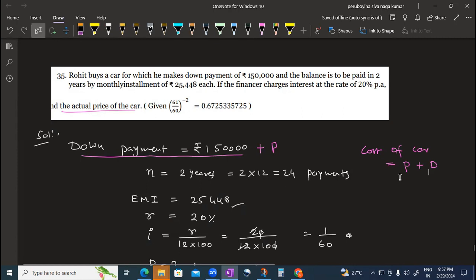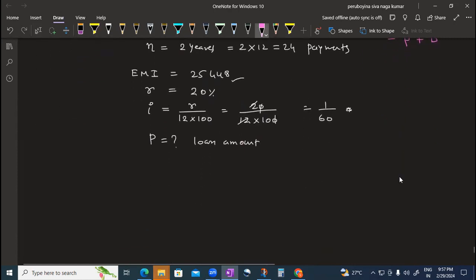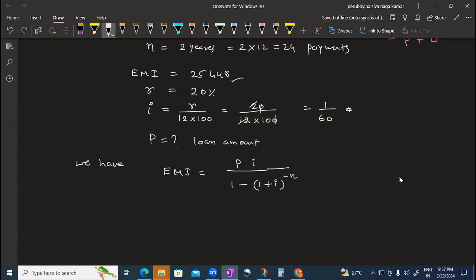Now we are going to calculate the P value, the loan amount. We have the formula: EMI is equal to P into I divided by 1 minus (1 plus I) whole power minus N. We have two different formulas; you can also use P into I into (1 plus I) whole power N divided by (1 plus I) whole power N minus 1.